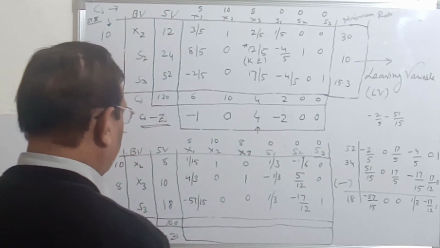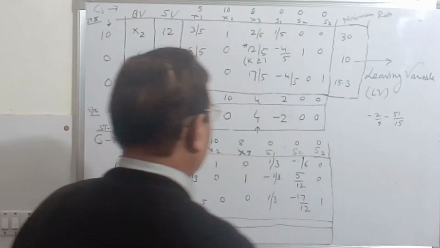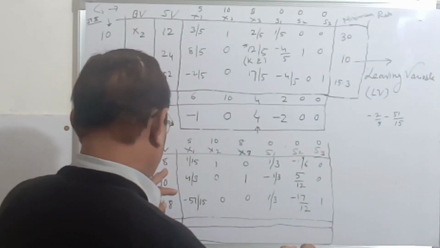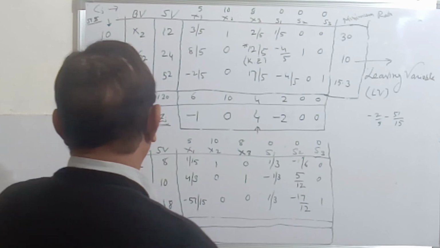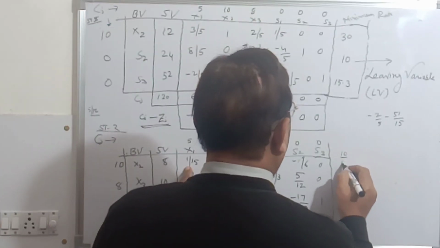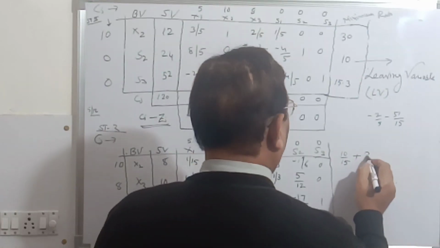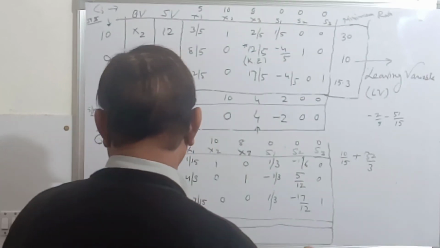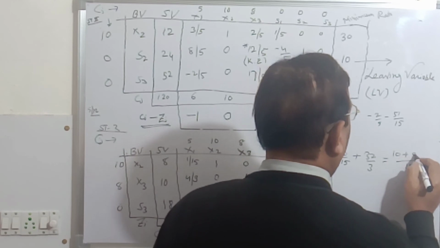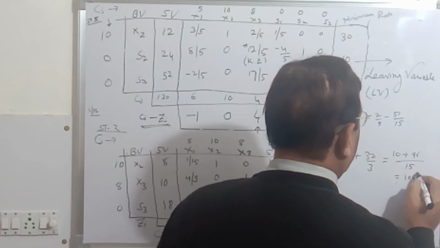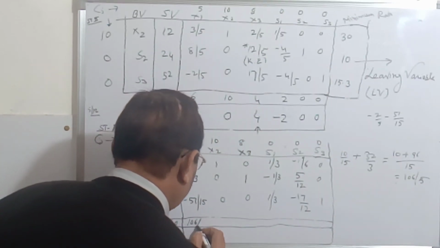You have to make the calculations carefully to avoid any mistake. 10 into 10 by 15 plus 32 by 3. This is 0. So this is 15, 10 plus 96, 106 by 15.